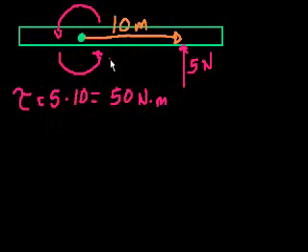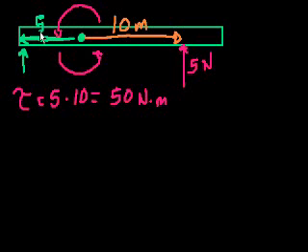But what if I said that the object is not rotating, and that I have another force acting here, and let's say that force is, I don't know, let me make up something.